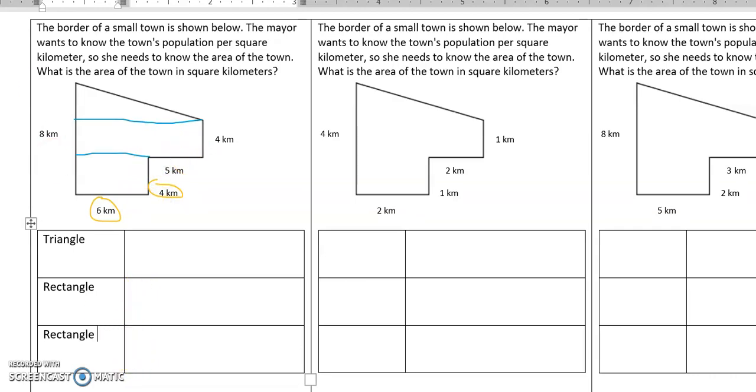So the area of a rectangle, yes, you still need to write the formula, is base times height, which for this problem is 6 times 4, and I'll just write it underneath. This is the dot that means multiplication, which is 24 kilometers squared. So I'm done with this rectangle.